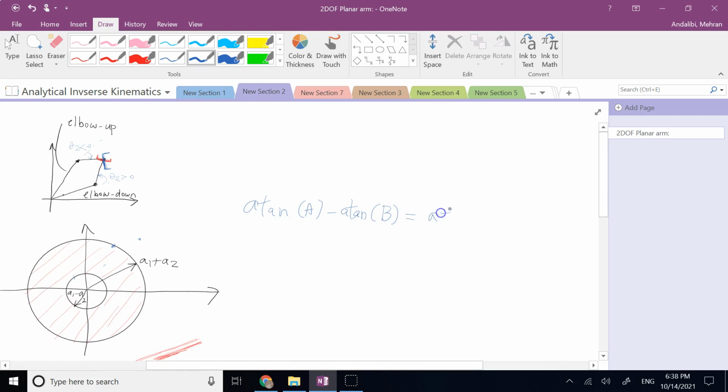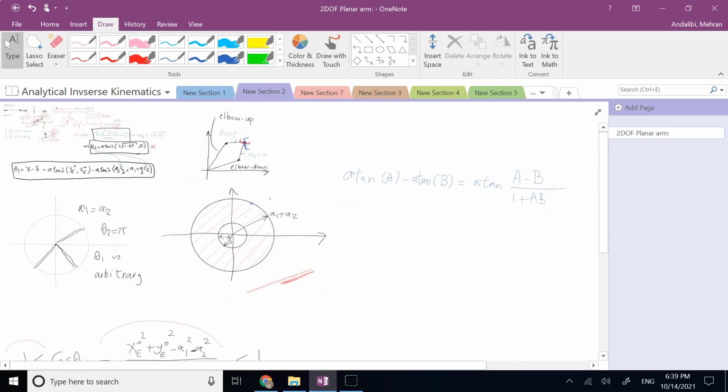It is arctangent of what? It's going to be A minus B divided by 1 plus AB. Okay, so if I apply that to this formula here, right? Because this is like your A and this is like your B.